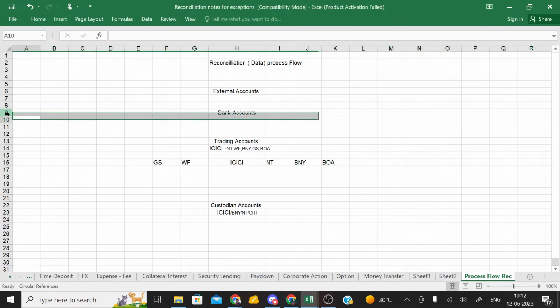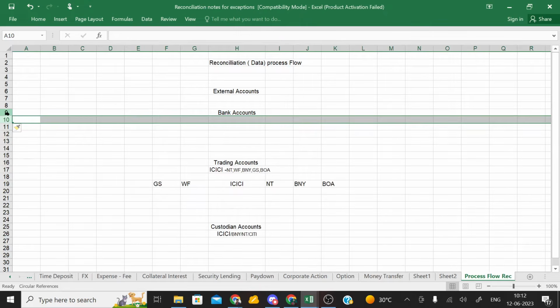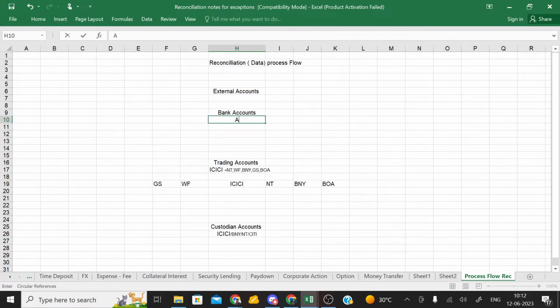You would see the same in the case of bank accounts: Axis Bank, let's say Street, then BNY, BNP, NT. So these are the bank accounts. This one is for USD. Axis Bank is for INR.